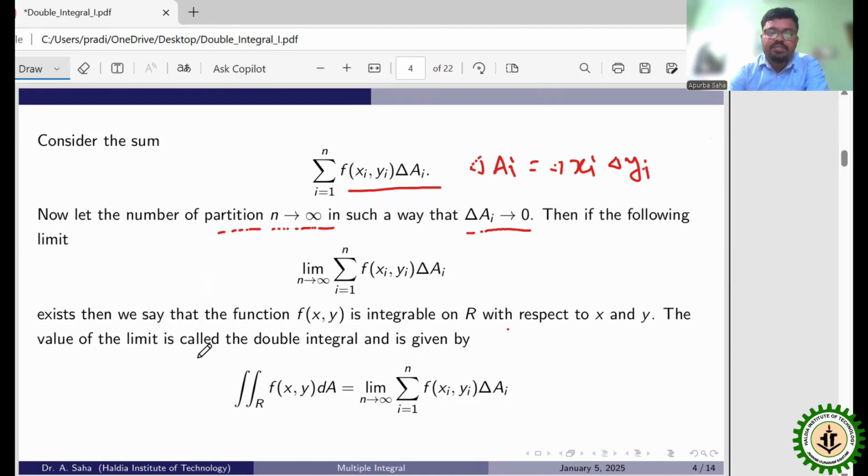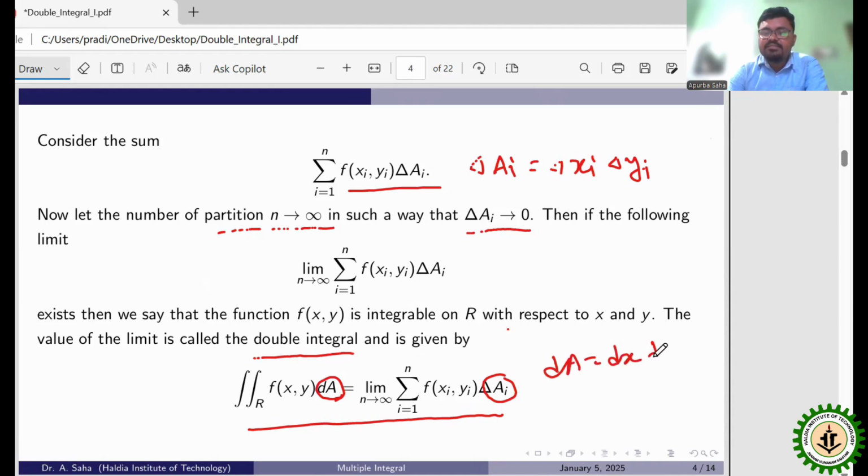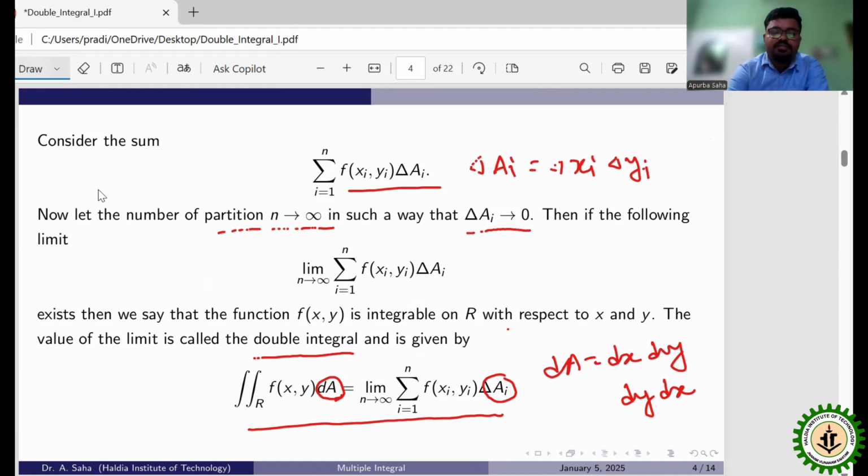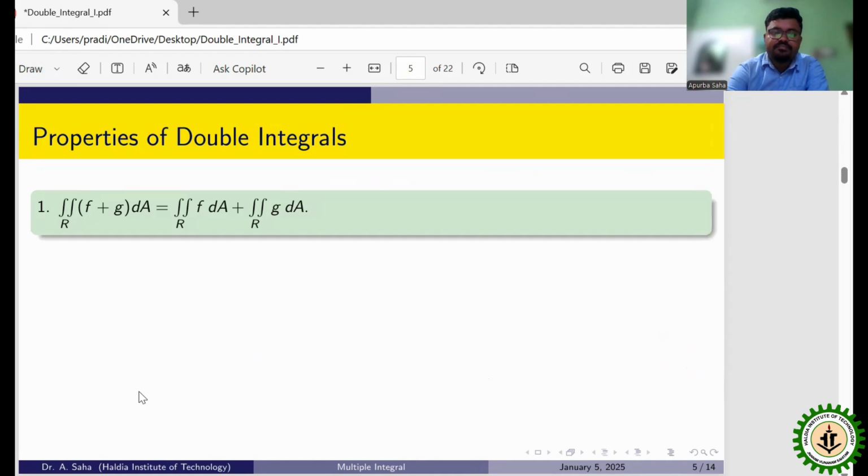And the value of this limit is called the double integral and is given by this, where del Ai equals del xi into del yi, and dA equals dx dy. So this is the definition.